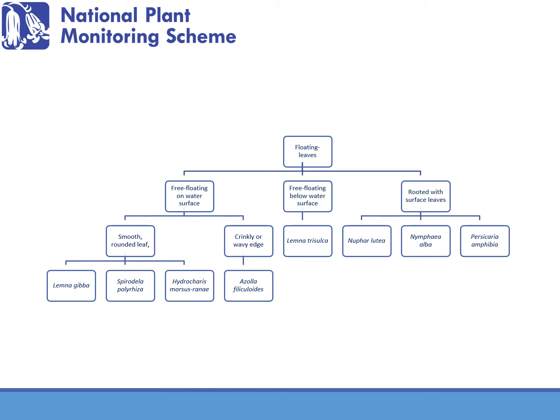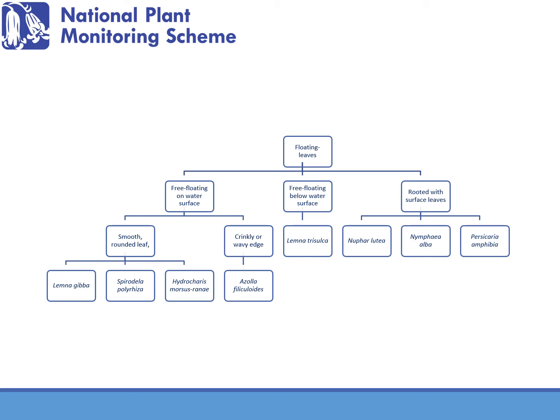We're going to move on now to considering the floating leaved species. And as I said earlier, floating leaf species can either be rooted or free floating. Those which are rooted tend to be limited to the area where their stems or leaves can stretch to the water surface, and therefore they need to be in a depth which would allow that to happen.